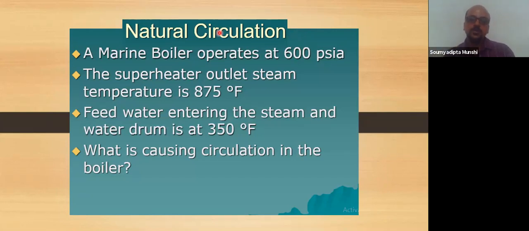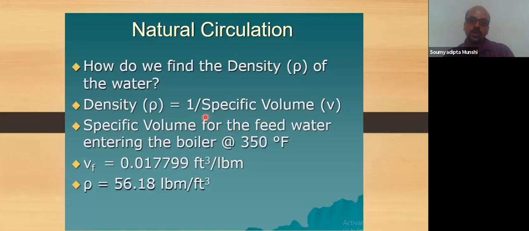The superheater outlet steam temperature is 875 degrees Fahrenheit, and the feed water entering is at 350 degrees Fahrenheit. If we want to calculate the density of the water, we can write the density as 1 by the specific volume.